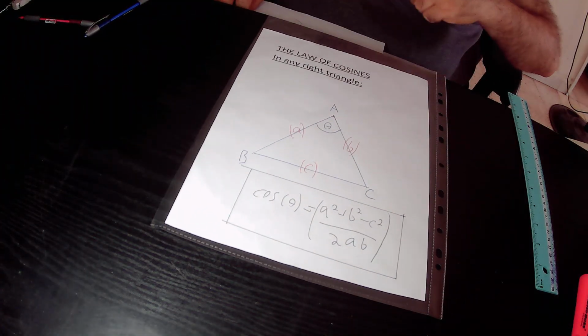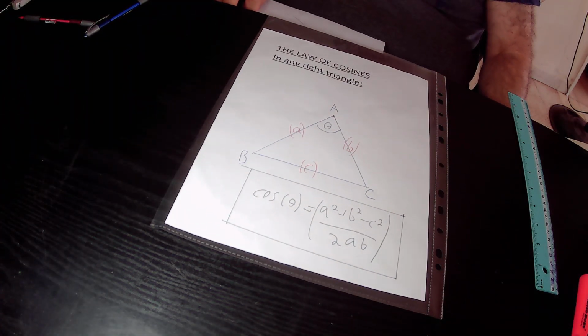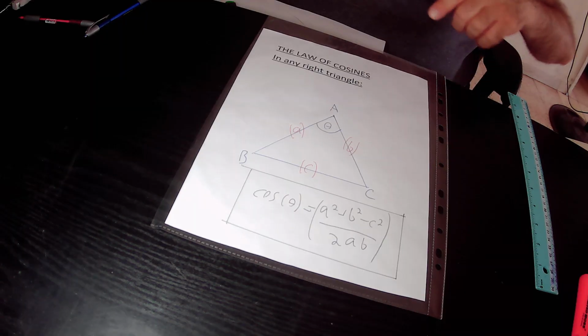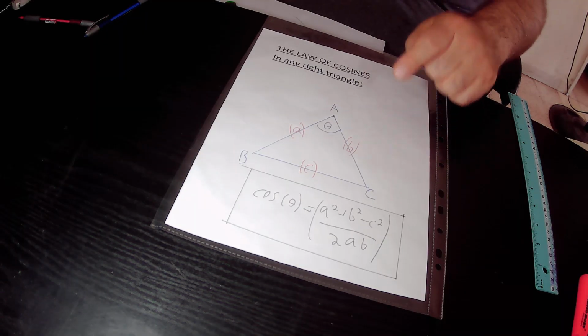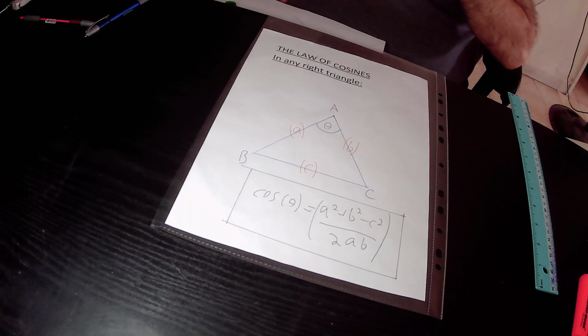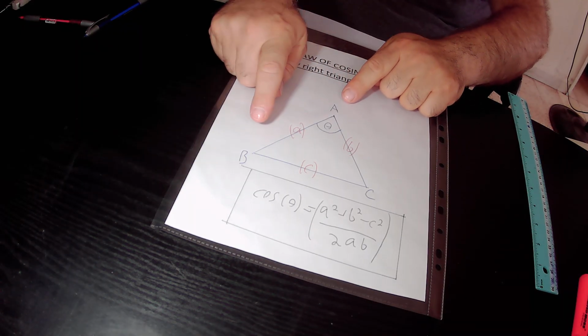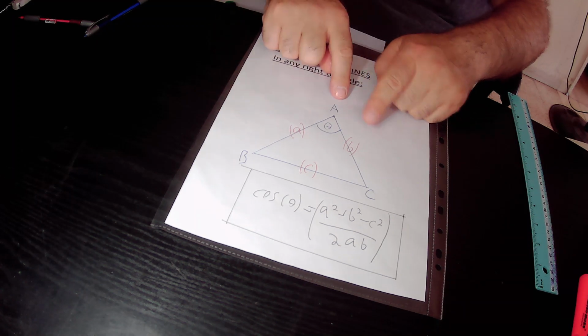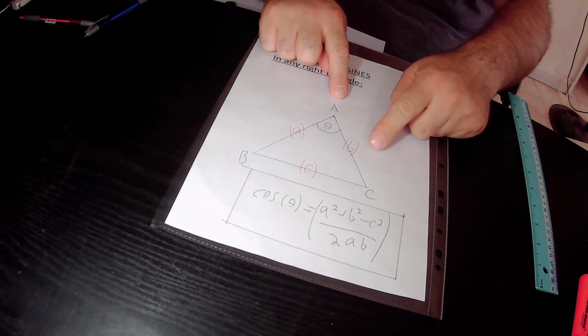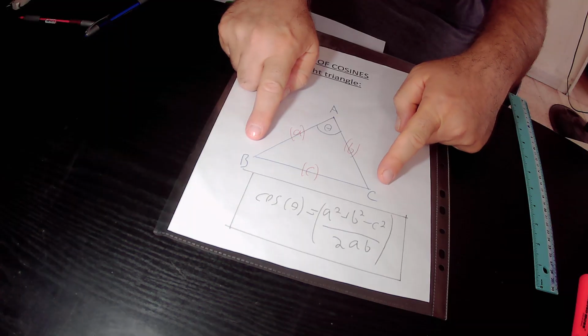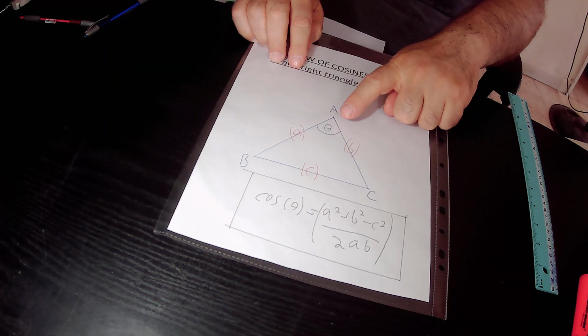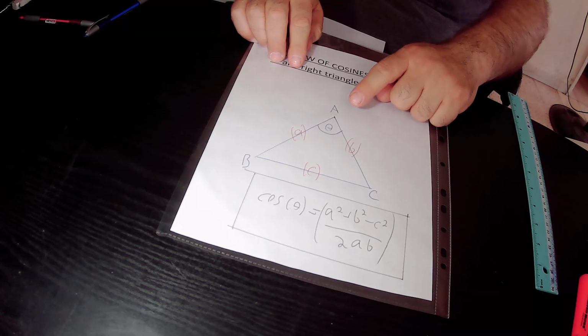Actually, the law of cosines is true in any triangle. So this is triangle ABC that could be any triangle. In this triangle ABC, the length of side AB is a, side AC equals b units in its length, and side BC equals c units in its length. This is angle BAC, the size of angle BAC is theta.